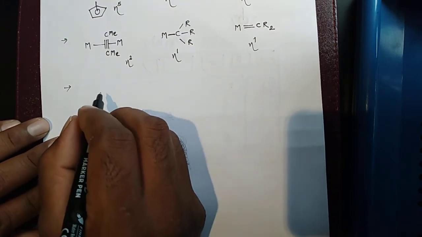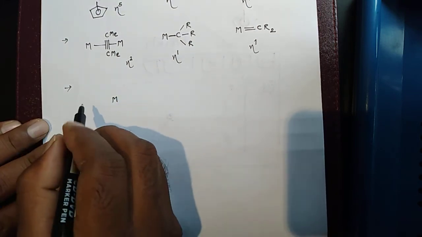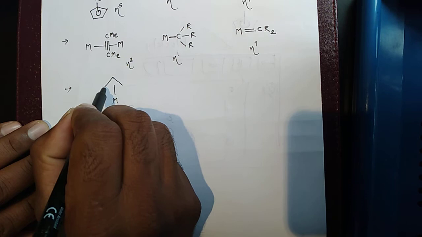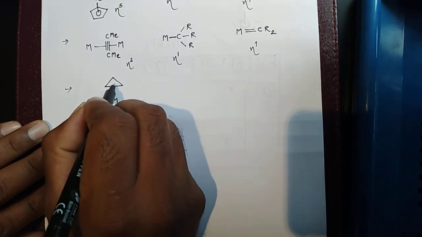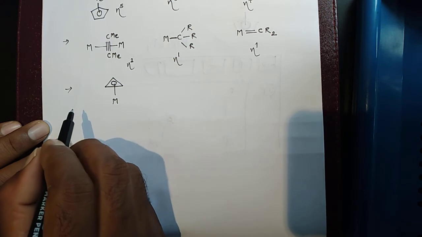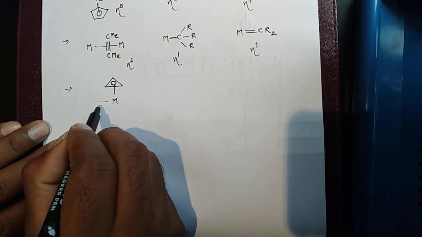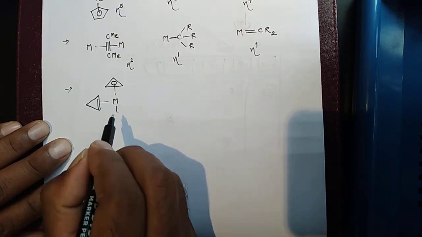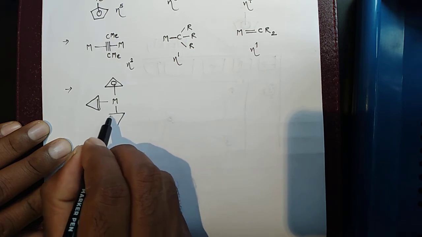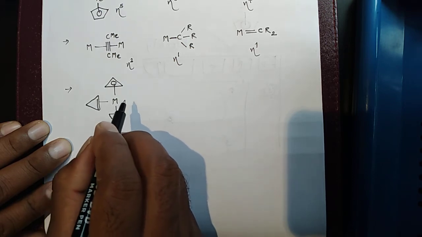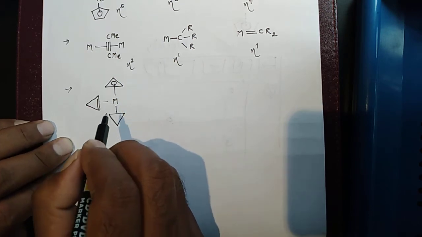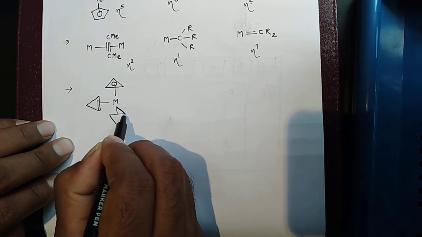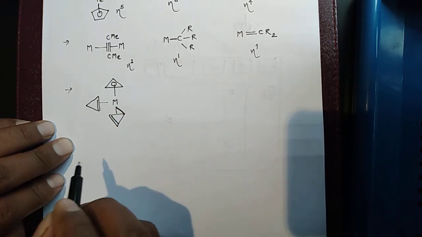We'll solve another example. This is a very interesting example again. Here is the metal having this cyclopropyl ring, like this, then again a 3 carbon ring having a double bond, again a 3 carbon ring, but attached to only this metal, and here a double bond is there.